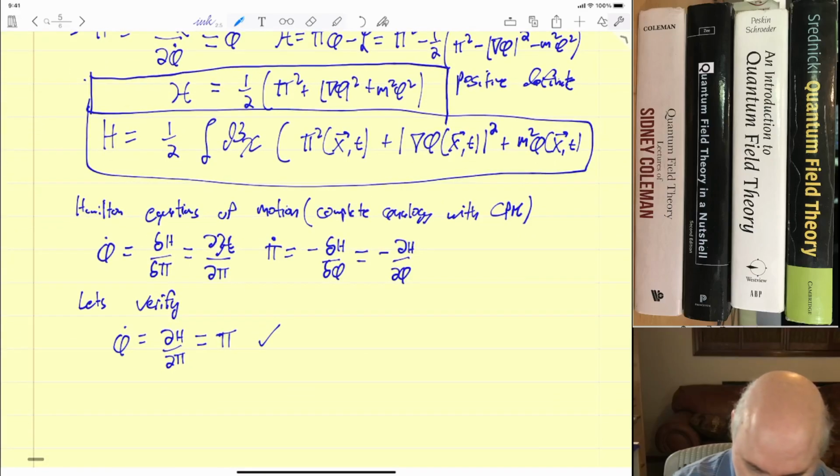And now let's get the second equation. Pi dot is equal to minus del H del phi. Now here, because of the gradient term, it's not exactly obvious how to handle it in terms of partial derivatives. That's why I want to use the technically correct functional derivative, and I'll explain in a second what that is.